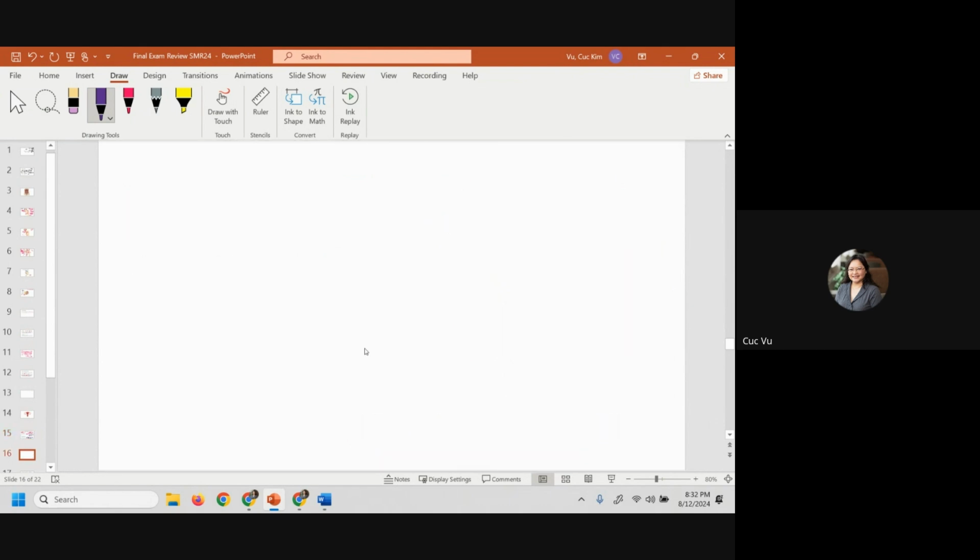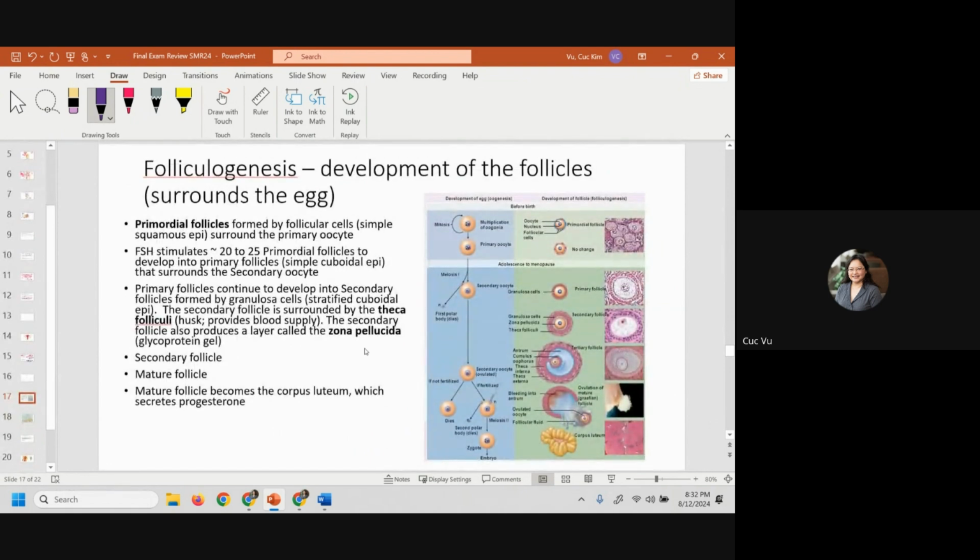All right. While that's happening, what we didn't take into account is the follicle. So surrounding that ova, or that ovum, or that egg, are follicular cells.